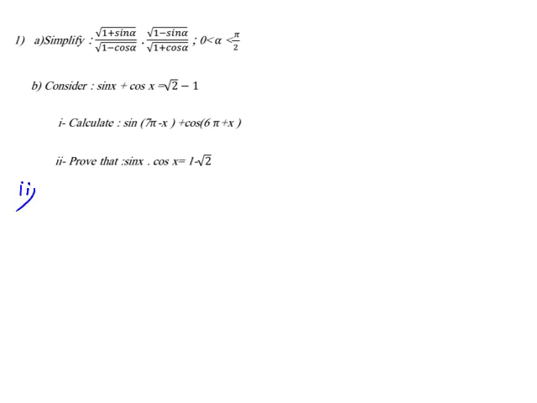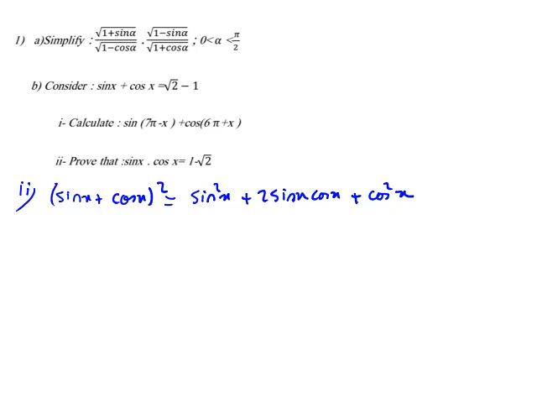2. Prove that sine x times cosine x equals 1 minus radical 2. First, begin from a remarkable identity: sine x plus cosine x, squared, equals sine square x plus 2 sine x cosine x plus cosine square x.